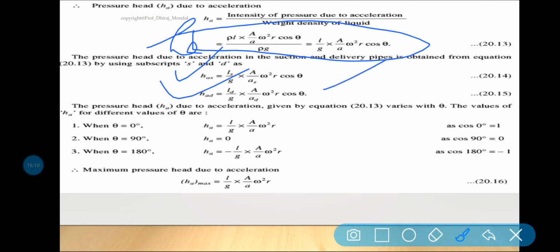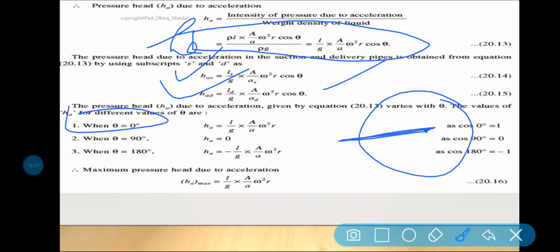Clear? Now different conditions you can achieve. If theta is equal to 0 degree, that means when the crank is like this, then it is 0 degree. At that time put theta equal to 0 degree, you will get this answer: H is equal to L by g, A by a omega square r.